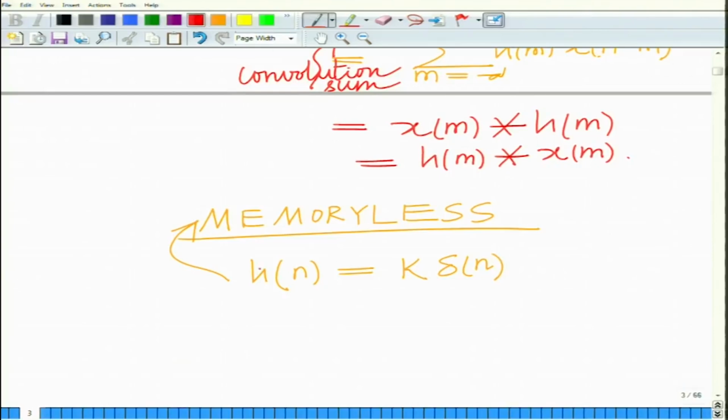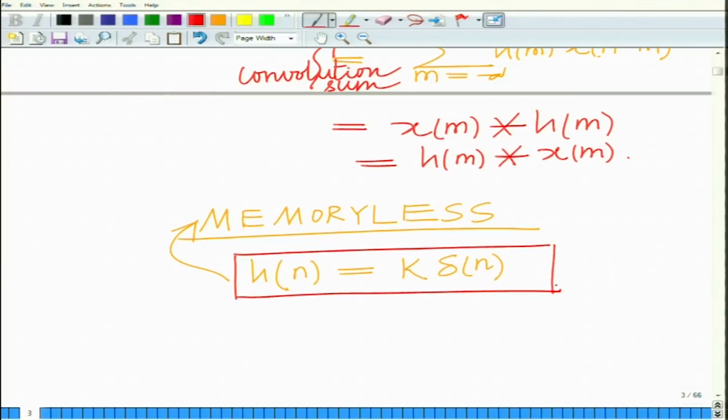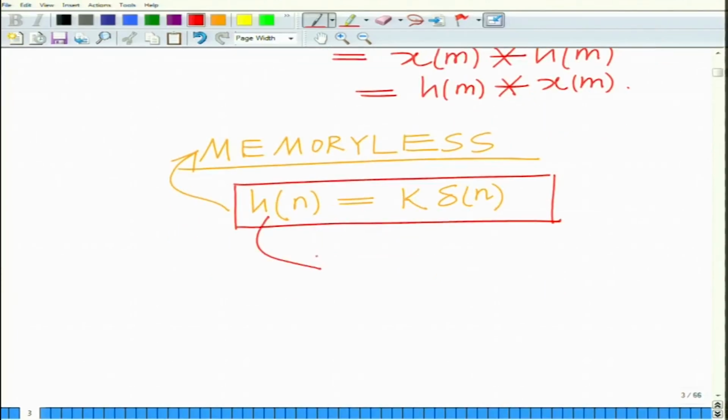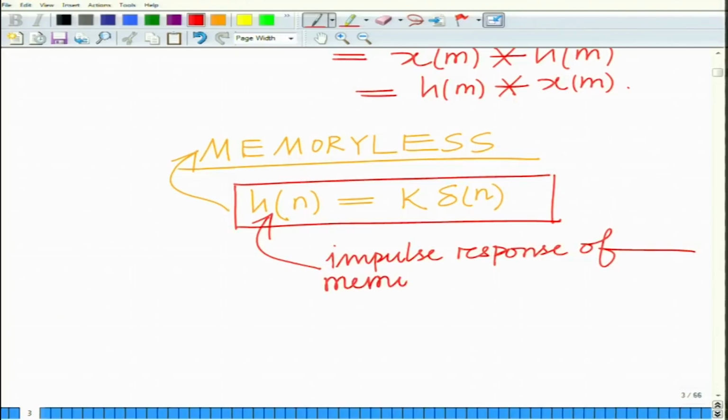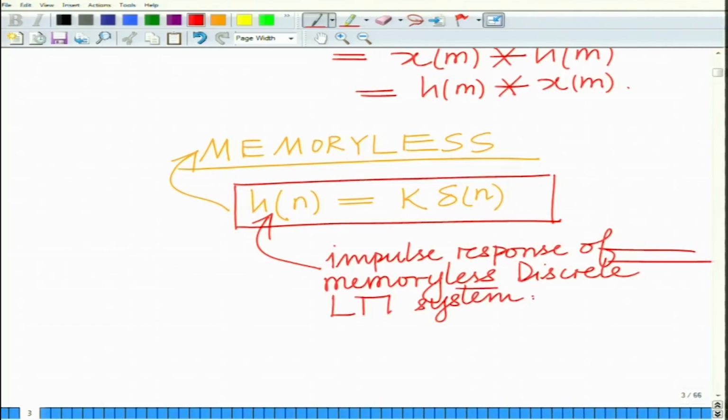This is the impulse response of a memoryless discrete LTI system.